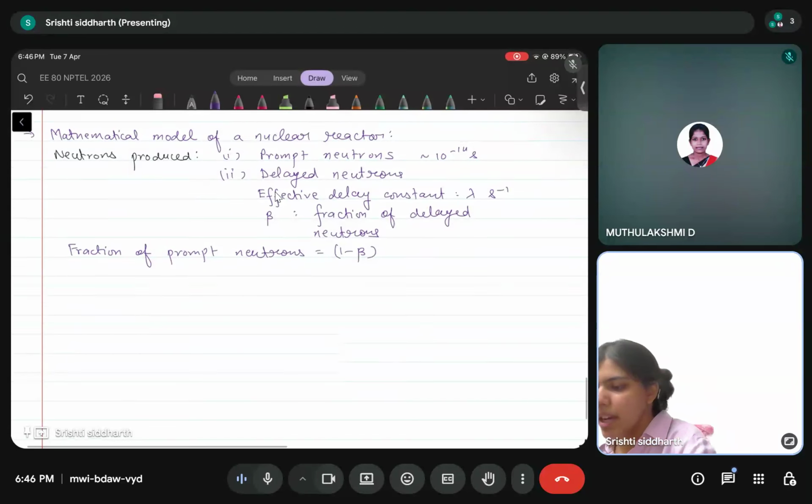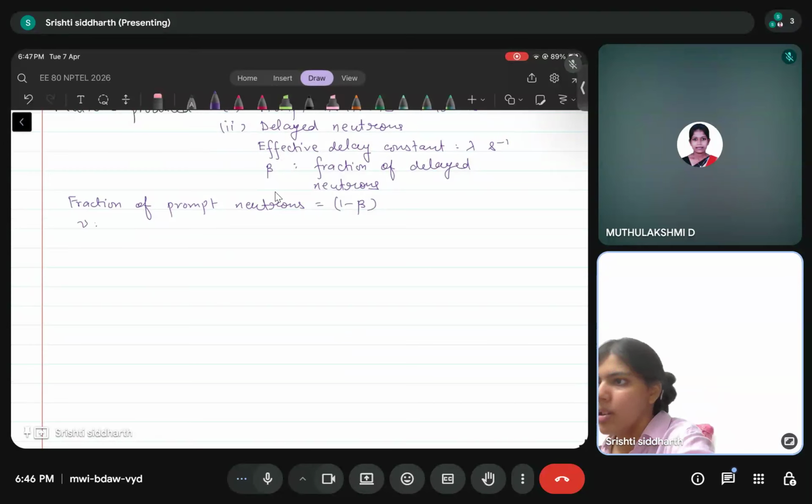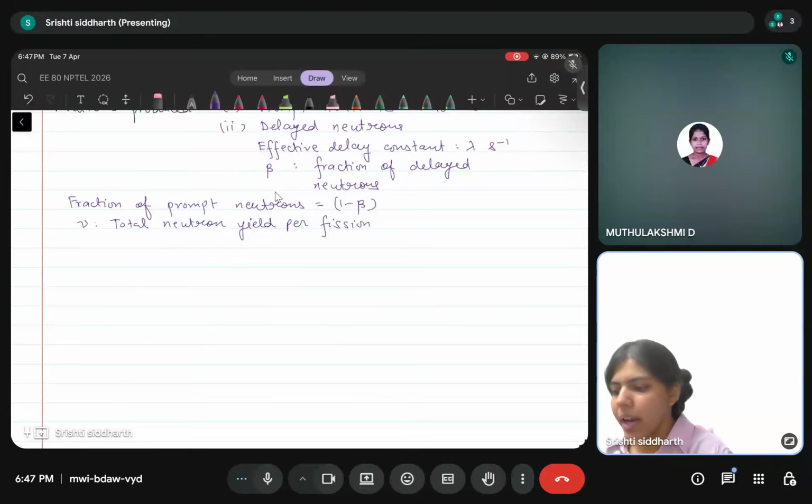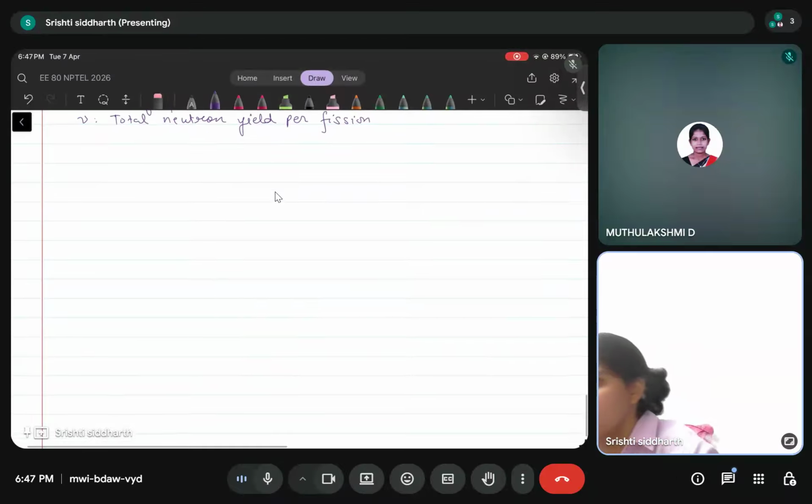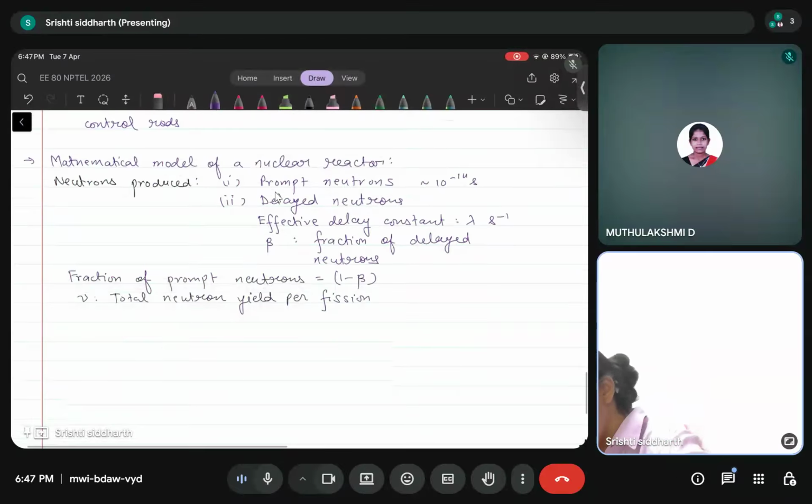All right, so let's say that nu is the total neutron yield per fission. There are many fission reactions, and in one of the fission reactions, nu is the total number of neutrons. So what does this mean?